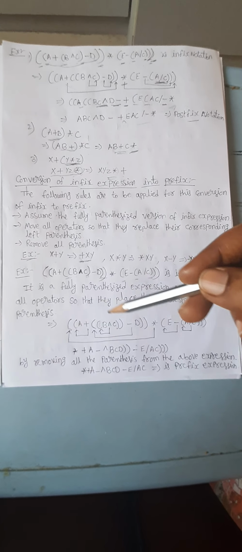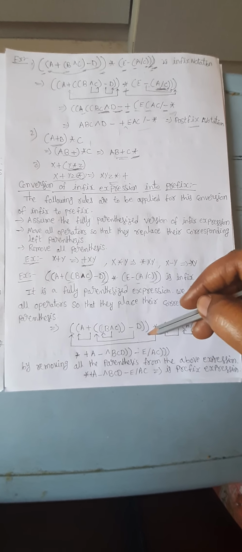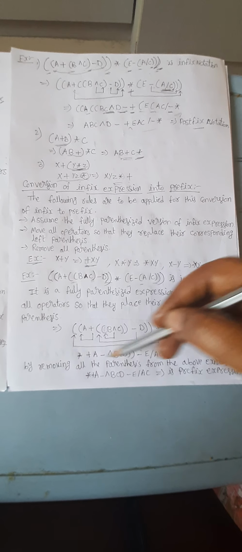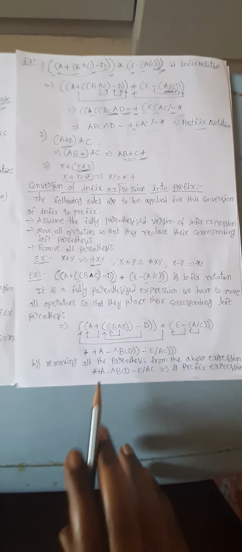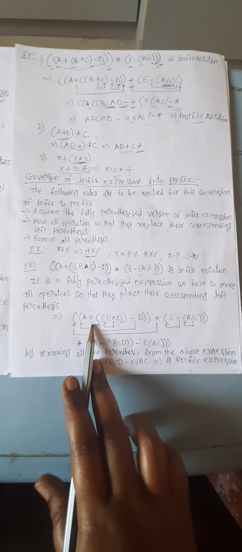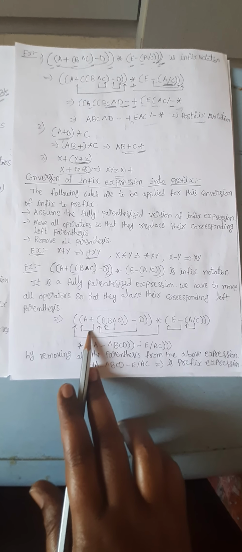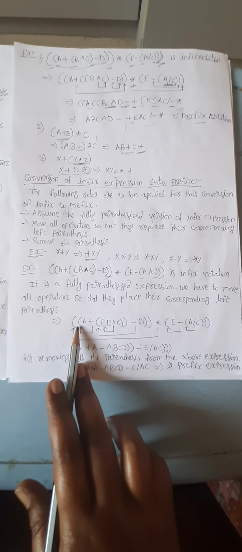Why? Because here we have opened the left parenthesis and here we have closed the right parenthesis. This is one expression, and this multiplication symbol will first be moved to the beginning, and this plus, see here I have given the directions, has to be moved before a. This is the operator a plus; plus has to be moved before.